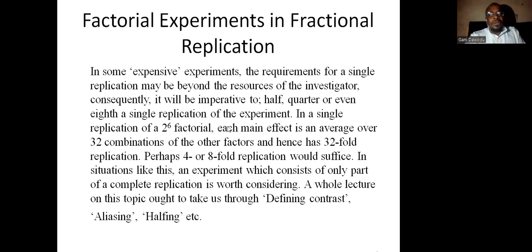So fractional replication is about using half, a quarter, or an eighth of a single replication to analyze, working with those to get information that is required in the experiment. Now, in a single replication of a 2 to the power 6 factorial, each main effect is an average over 32 combinations of the other factors, and hence a 32-fold replication.